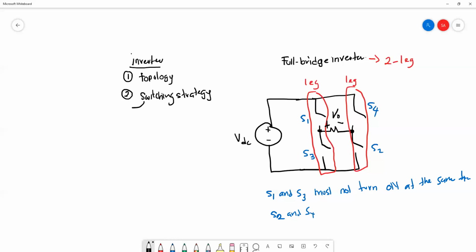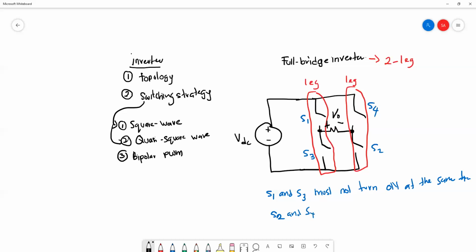And for the switching strategy, to control the timing of switching on and off of these four switches, we go for the square wave first. The second one is the quasi square wave. The third one is the bipolar PWM.